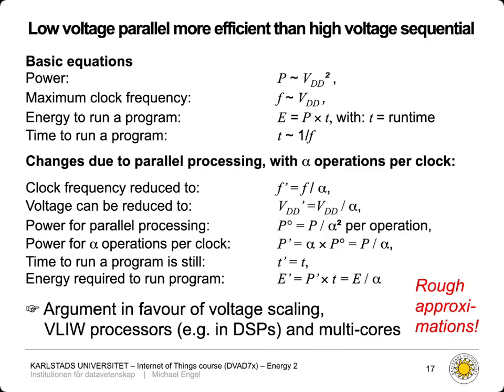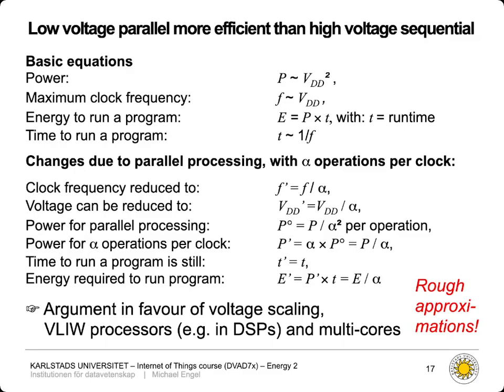So we just want to use more operations to reduce the frequency in order to enable a program to finish at the same time as before on a single processor. But the energy to run a program now is just the new power multiplied by the same time as before. So this is the original energy of our original single sequential execution divided by our parallel operations per clock.